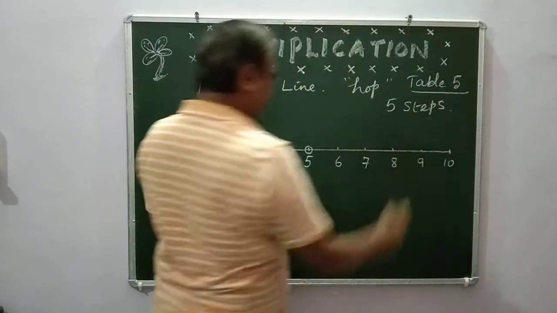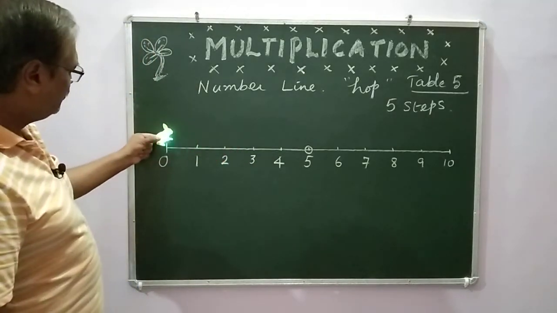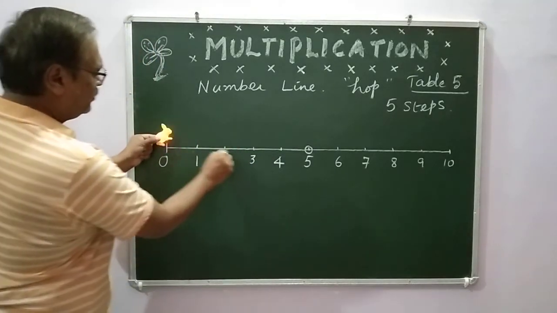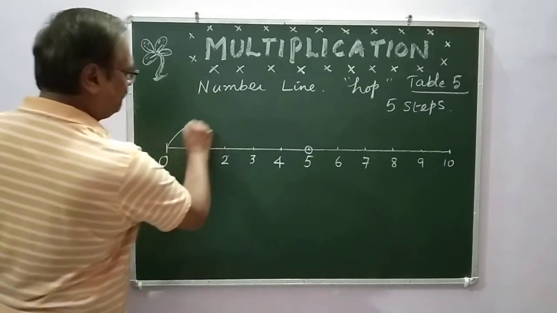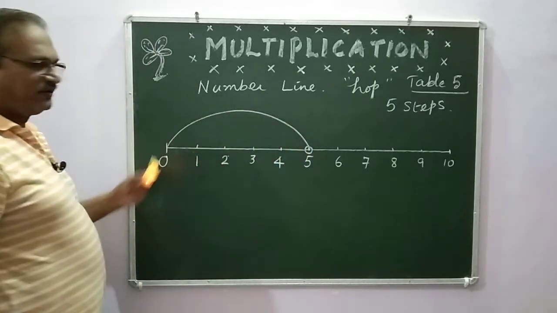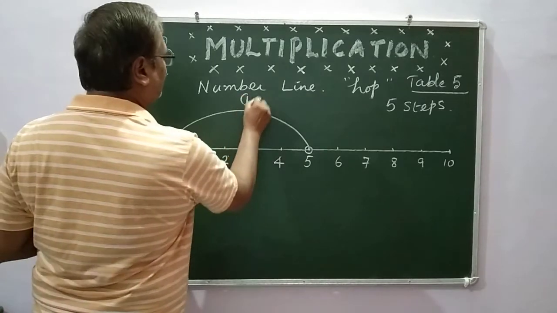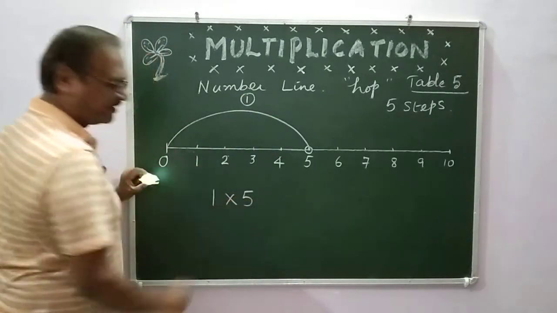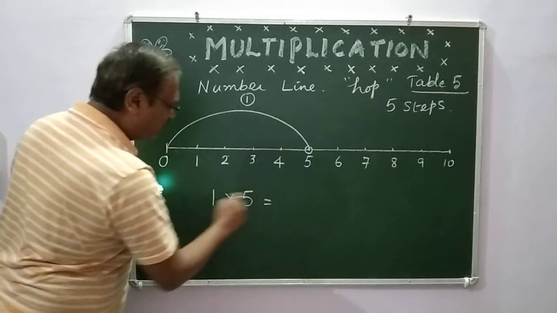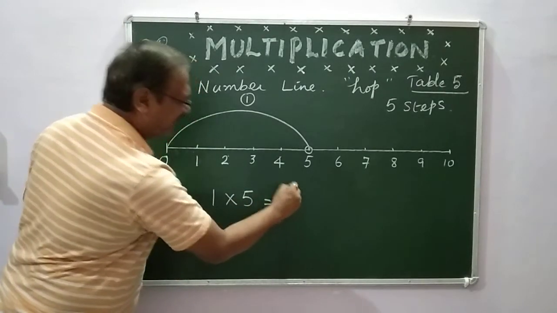Let us see how it is jumping now. You see 0, 1, 2, 3, 4, 5. It will jump 5 steps. Done. This is one time. How many steps did it jump? 5 steps. So what is 1 5s? 5.